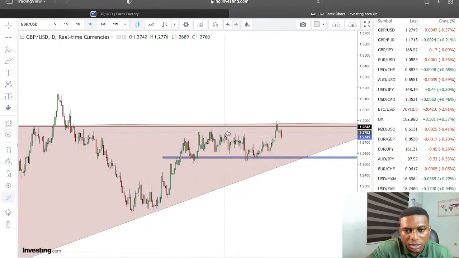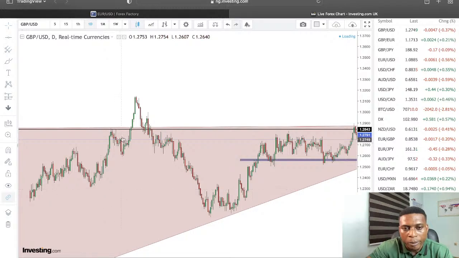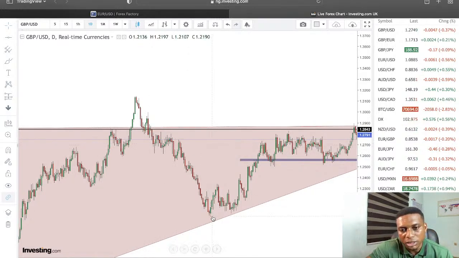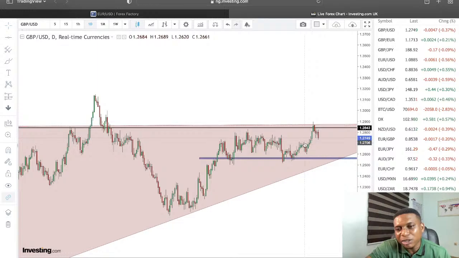We saw how price had come into this level and was pushed back down to this level, and we saw how price moved up again, consolidating at this level and coming back to retest that previous resistance level.